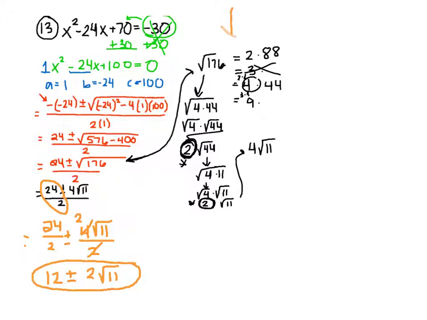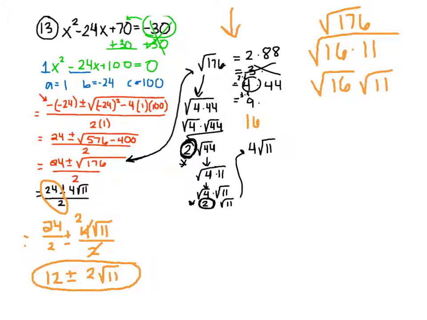Now, going back to what we did here, we could see that if we kept going, if we tried 16, we could see that 16 times 11 will give us 176. So if we kept going, we could see that that's the case. So we could split that up into being square root of 16 times the square root of 11.